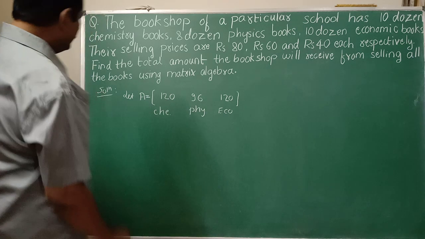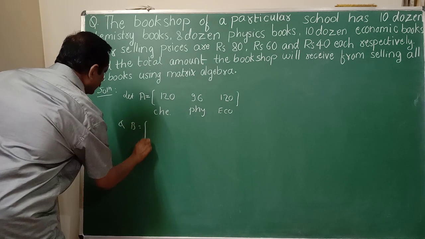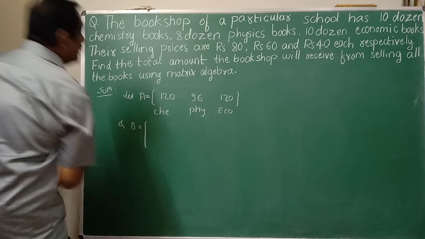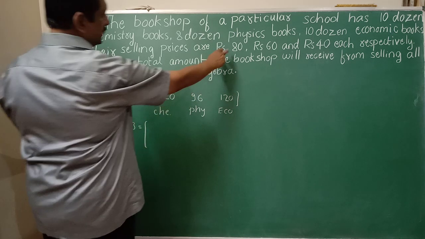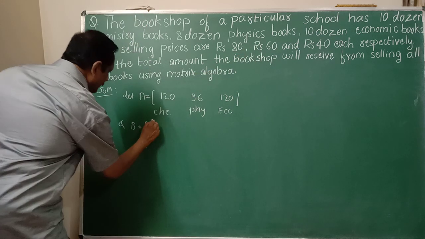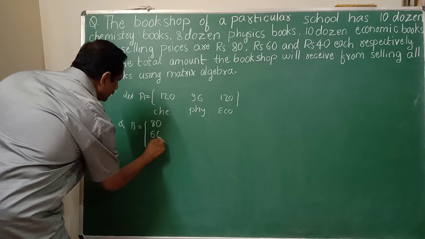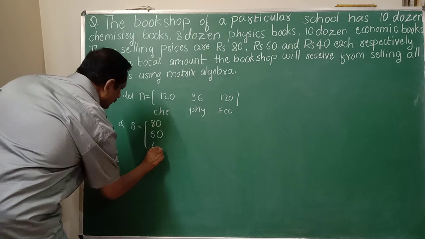And B is equal to what is already given: rupees 80, rupees 60, rupees 40. So take a column matrix 80, 60, 40.